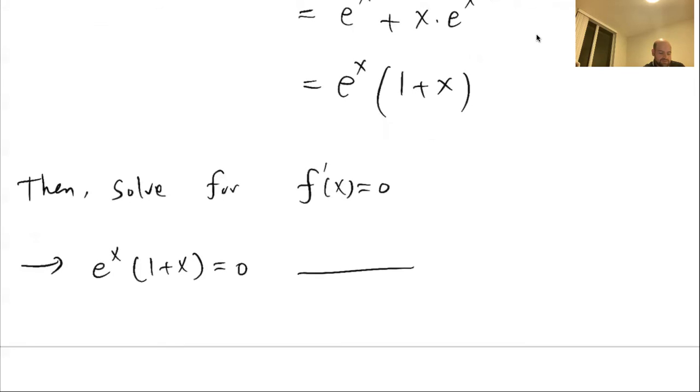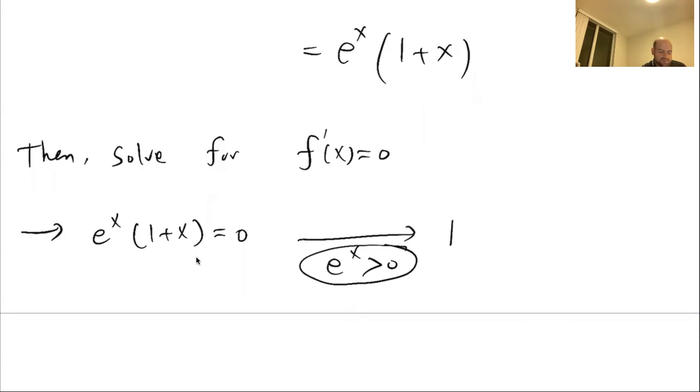So that means e to the x, because e to the x is always positive. Remember, exponentials are always strictly positive, so they can never be 0 and they can never be negative. Now here I have a product of two numbers equals 0. One of them is an exponential, so it's always positive and therefore non-zero. So that means the other factor must be 0. So the other factor, which is 1 plus x, must be 0.